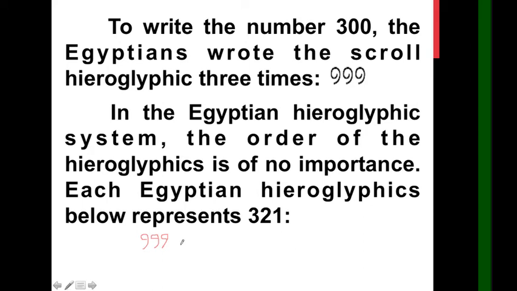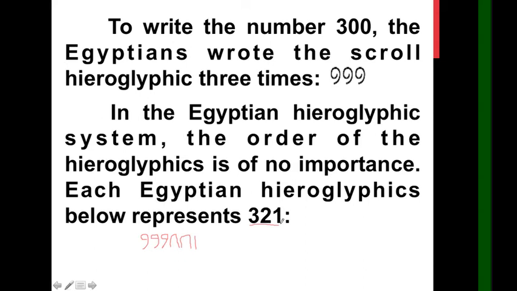Horseshoe. So, it's a horseshoe. Dalawa. And then, isang 1. So, it sticks. Yan. So, ganun siya isusulat. 321. Tatlong tig-100, dalawang tig-10, at isang 1.